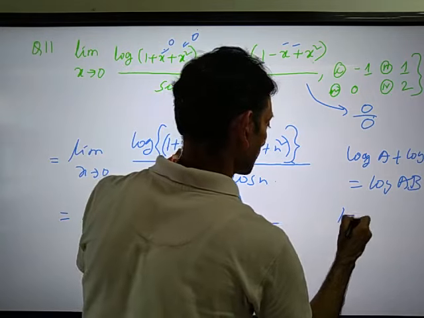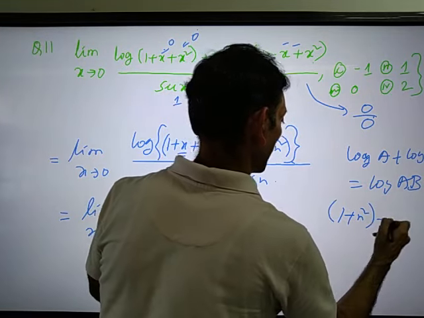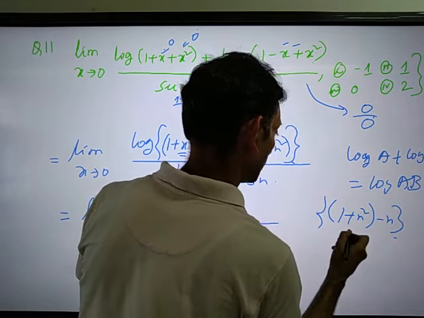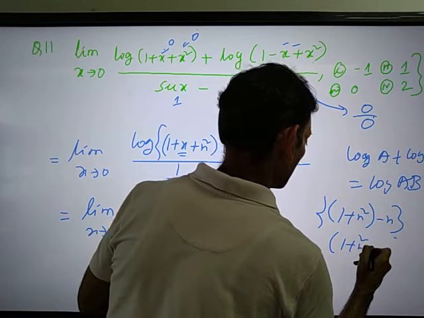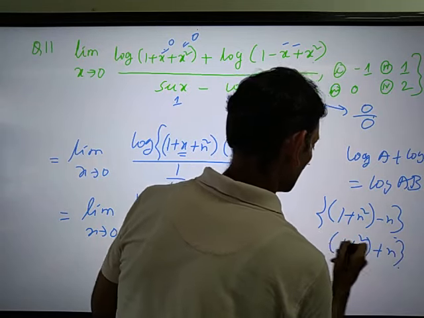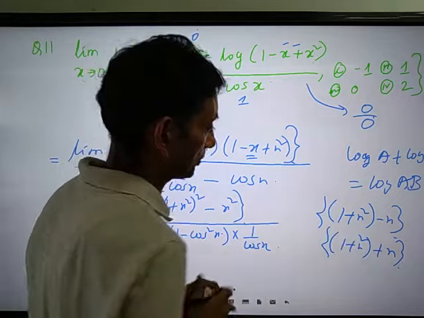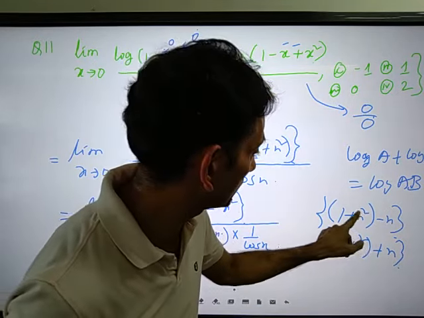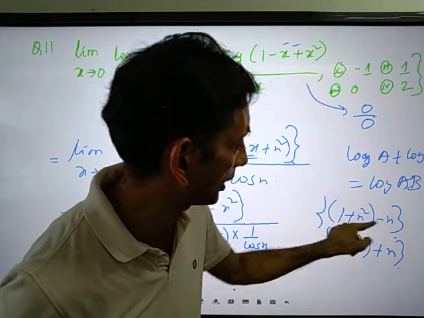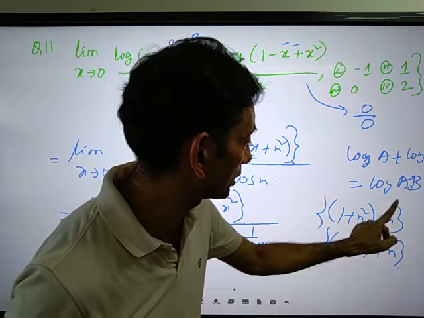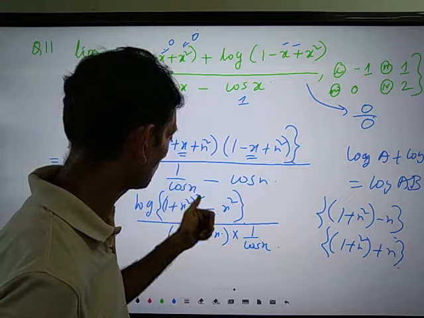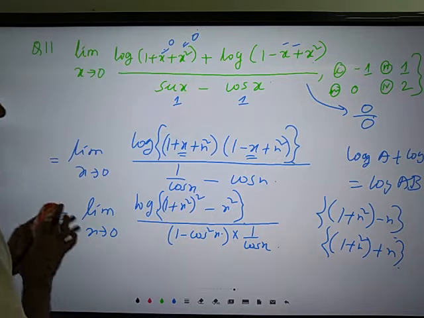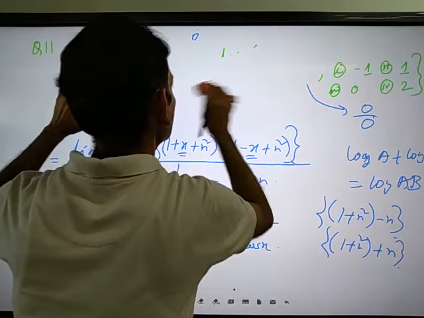That is 1 plus x squared minus x, and 1 plus x squared plus x. So this is a minus b, a plus b, which means a square minus b square. That means 1 plus x square whole square minus x square. Done? Let's see the next step.